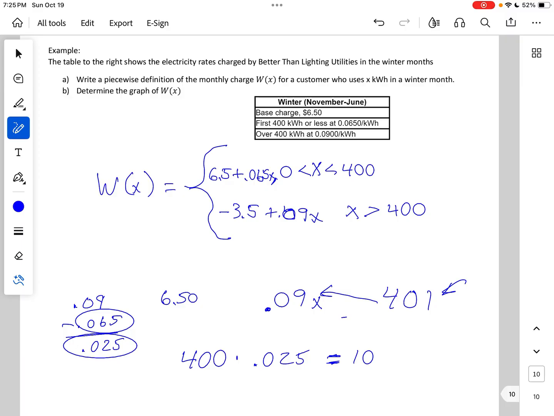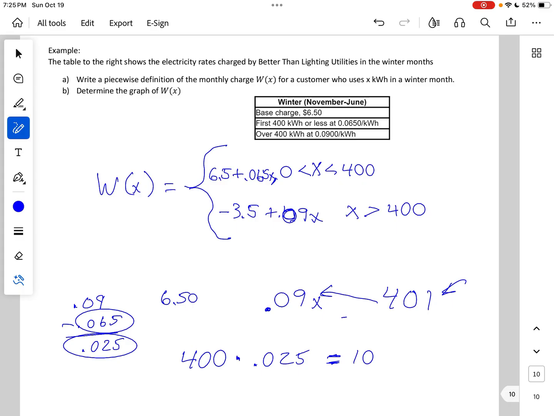So then that should give us right around $32.59. Okay. So that's how we would calculate that. We're going to have 0.09. We're taking away $10 from that because $10 is our first 400 kilowatts, taken away $10.